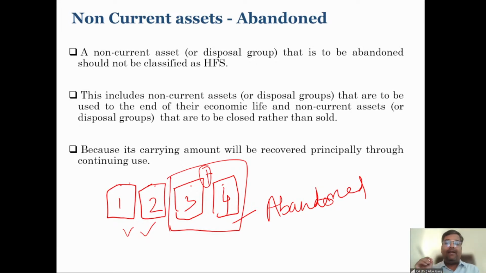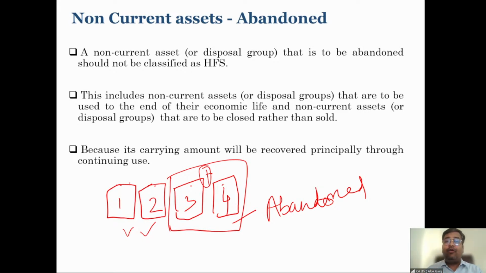For classifying any asset as held for sale, 2 conditions must be met. One is IFRS 5, and since it is an abandoned asset, it is not meeting the condition of available for immediate sale in present condition, and it is not meeting the condition for sale as well, right?